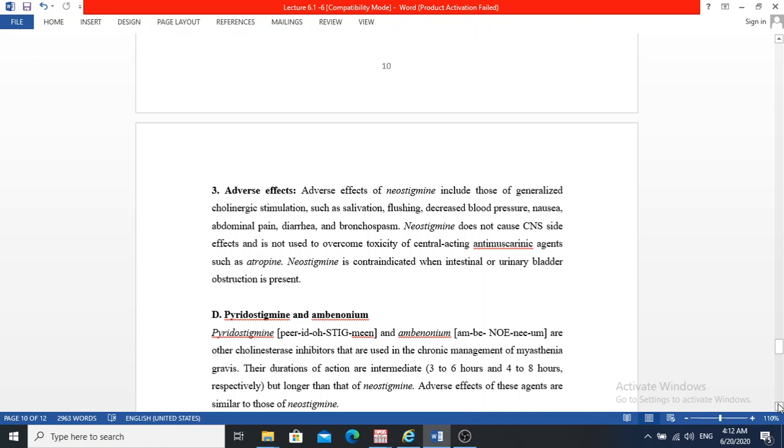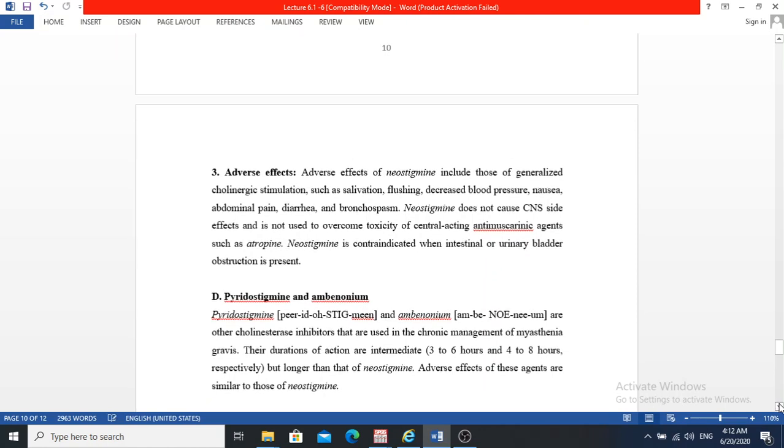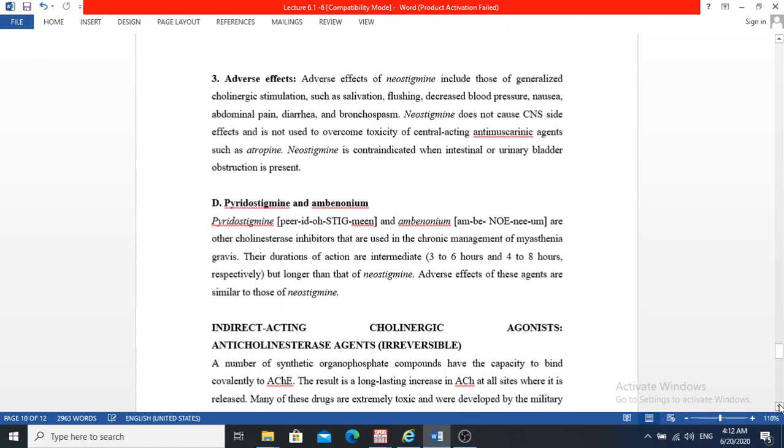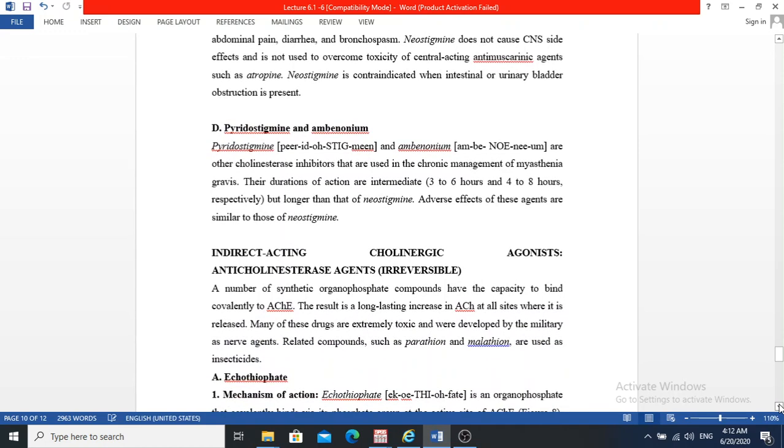Now let's come to pyridostigmine and ambenonium. These are other cholinesterase inhibitors that are used in chronic management of myasthenia gravis.